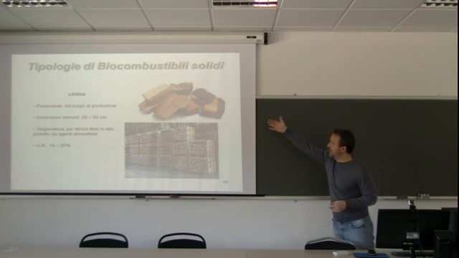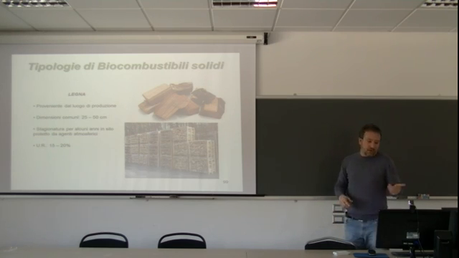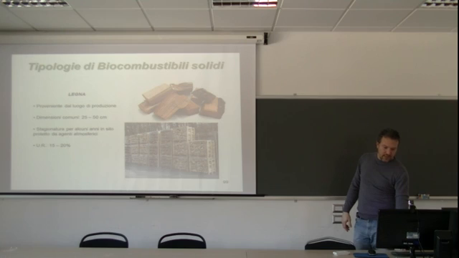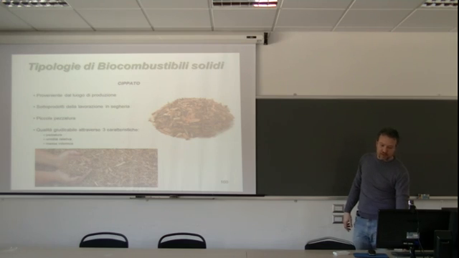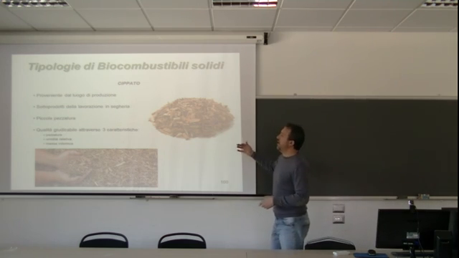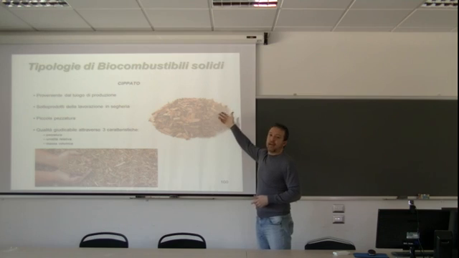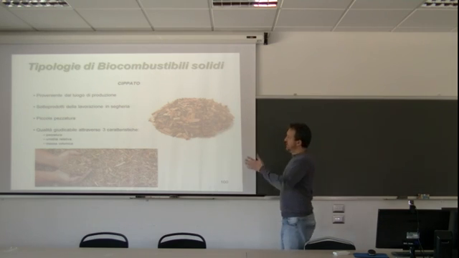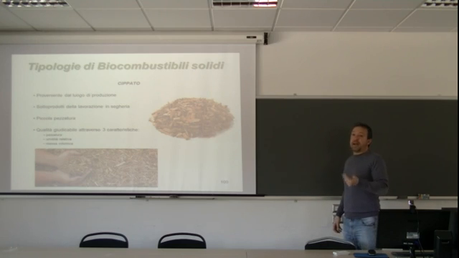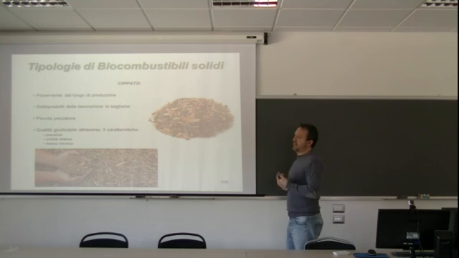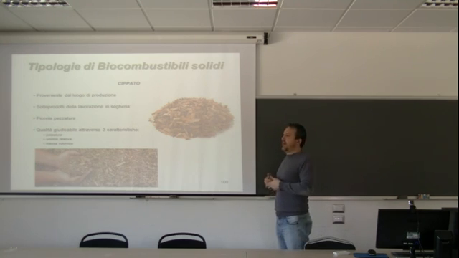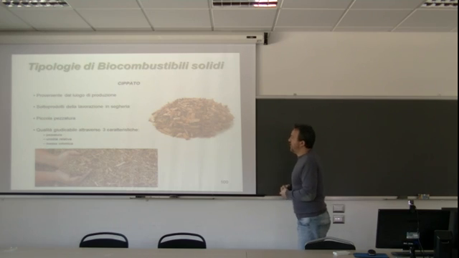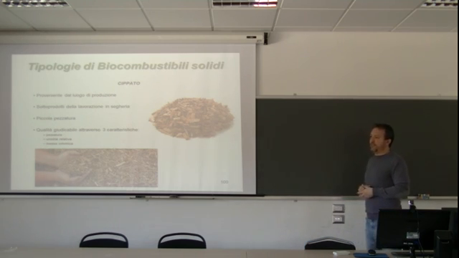Of course, you can use also wood for domestic use, of course, not for industrial use. For industrial use, you have mainly wood chips that are not so expensive to produce and have a good versatility to be used in a lot of thermochemical systems.